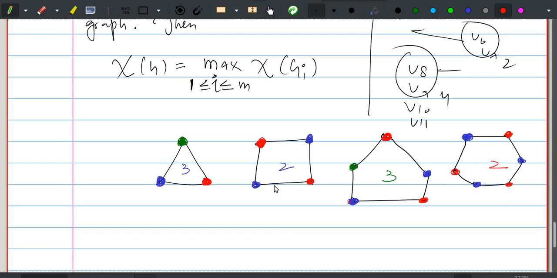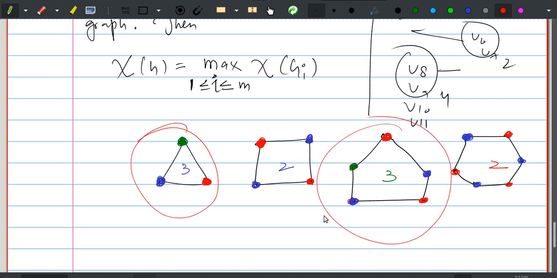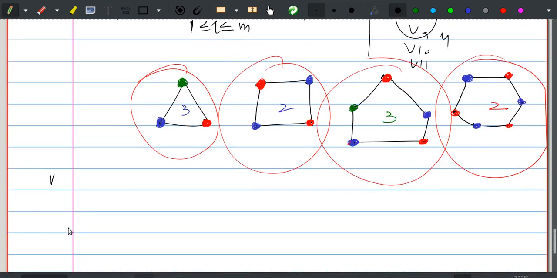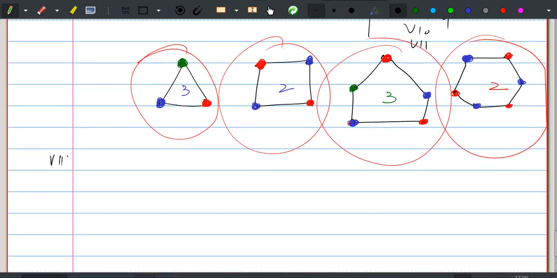So one can observe here, if we have odd cycles we need 3 colors, because this is the 3 cycle, this is the 5 cycle, we need 3 colors, and for even cycles we just need 2 colors. So let us make this an observation, I guess observation 8.